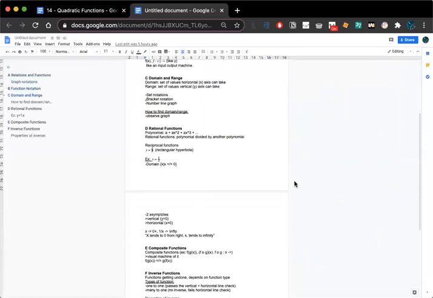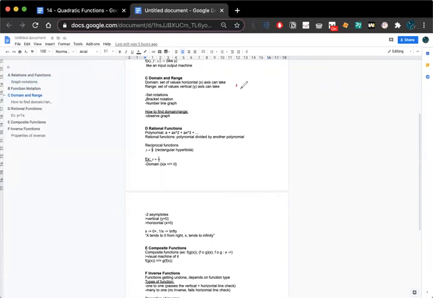So now we're going into rational functions. In this case, we're going into reciprocals specifically. Before we go into that, there are some definitions that you need to know. The first one would be polynomials.